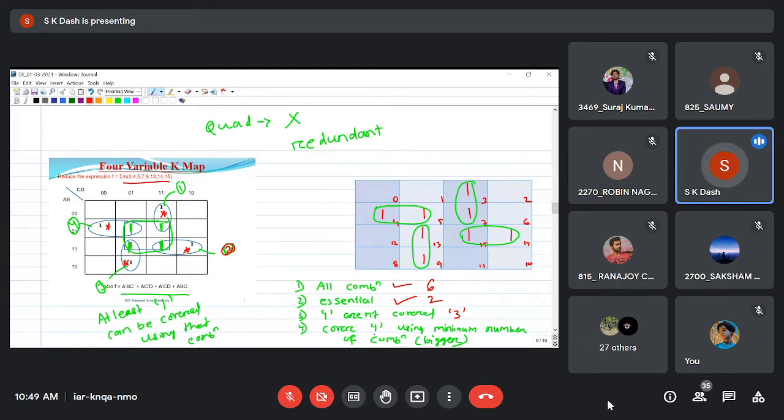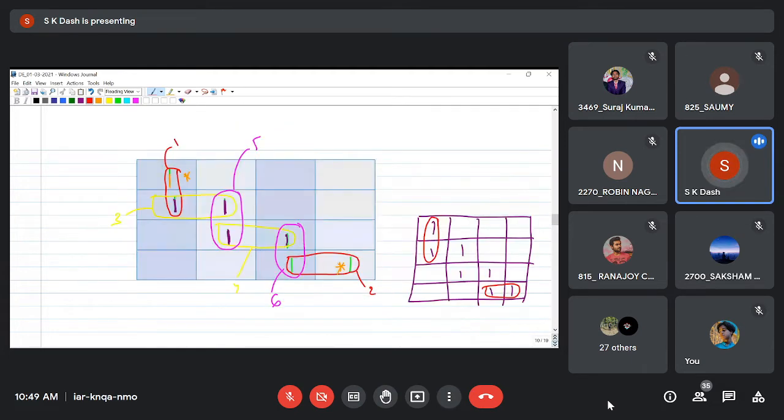We need to cover those ones using the minimum number of combinations, and the bigger combinations. Because I don't have any quad and octet, I only have pairs here. Is it possible using one pair? No, sir. So minimum how many pairs will be required to cover this? 2. That too, different answers are possible depending upon my wish.